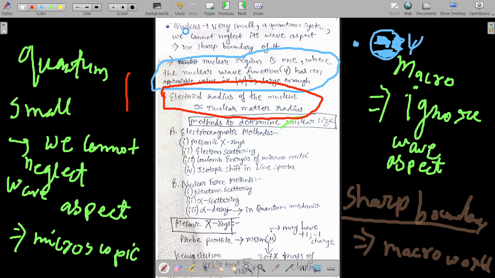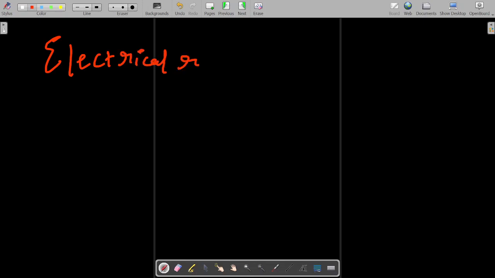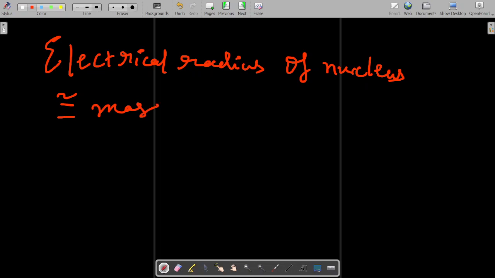The electrical radius of the nucleus is not exactly equal, but approximately equal to the mass radius of the nucleus.